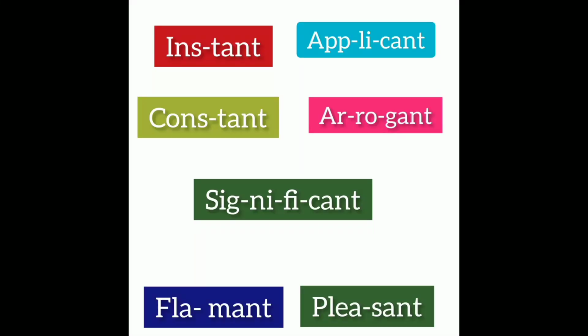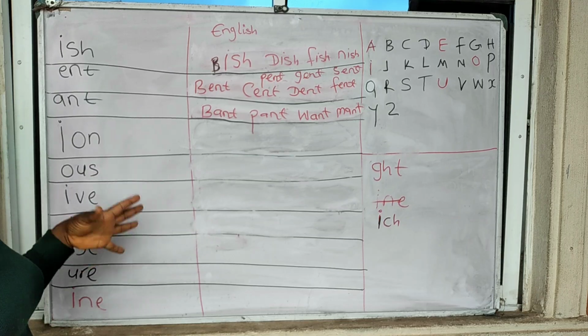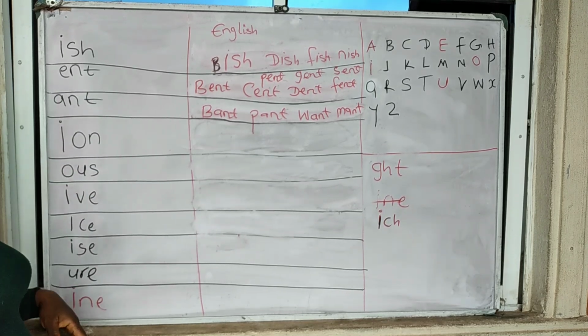Check out these words. We have instant, applicant, constant, arrogant, significant, flammant, pleasant. Now to the next one, I have the N sound.